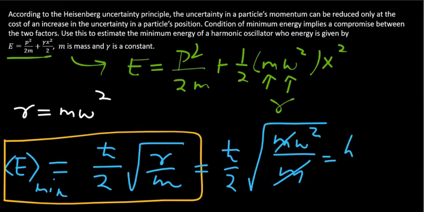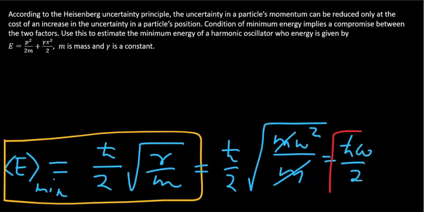So you get h bar omega over 2, which is indeed the established term for the ground state of quantum harmonic oscillator. So you can see here how uncertainty principle may be used to yield highly accurate results, in this case exact result, for energy of quantum systems.